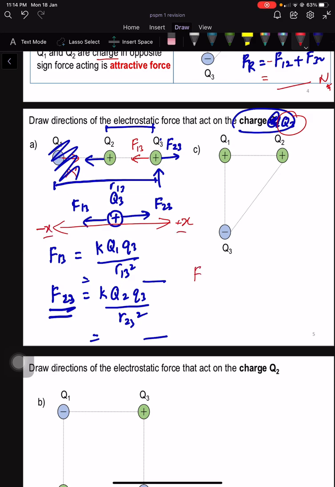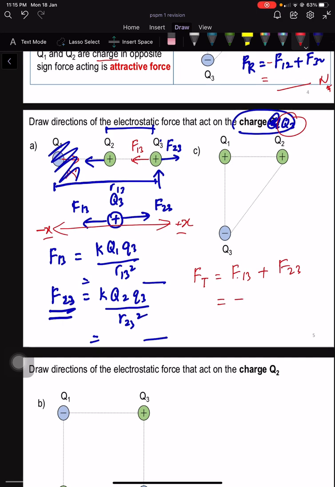You just determine F total is equal to F13 plus F23, but F23 is to the right, so positive. F13 is to the left, so you need to put the negative here, just like that. Okay, the others you can try by yourself.